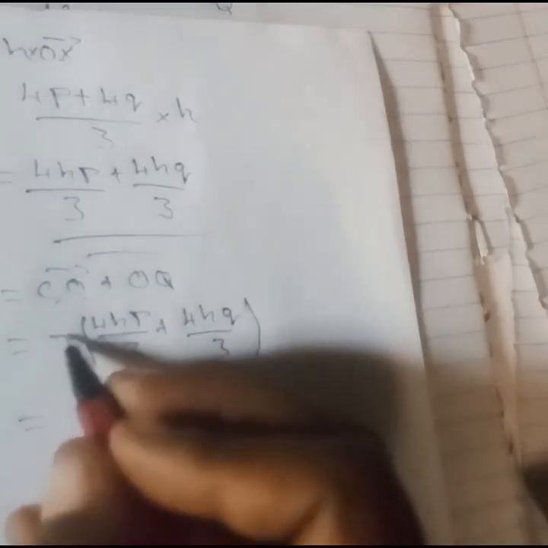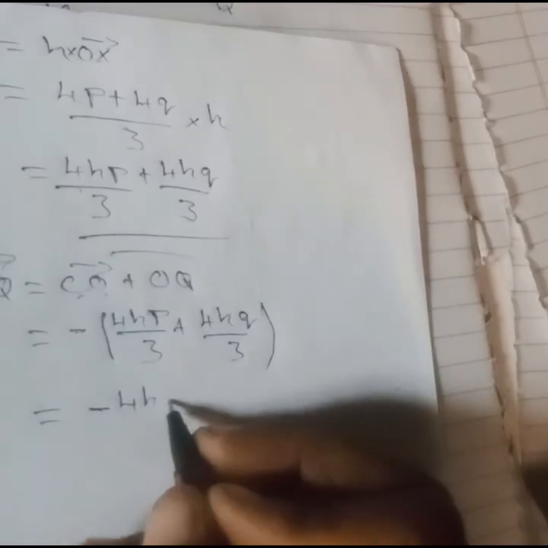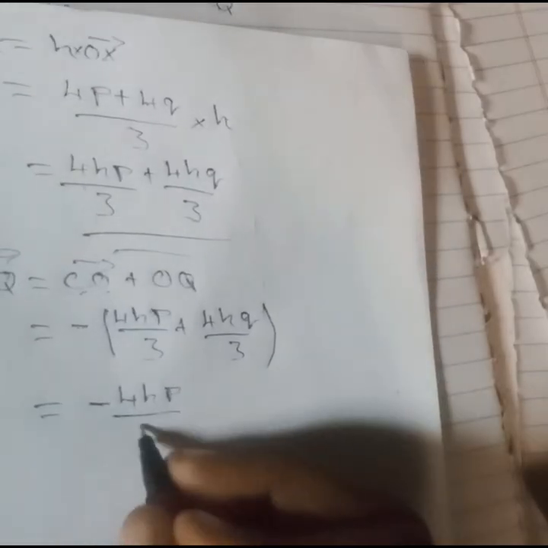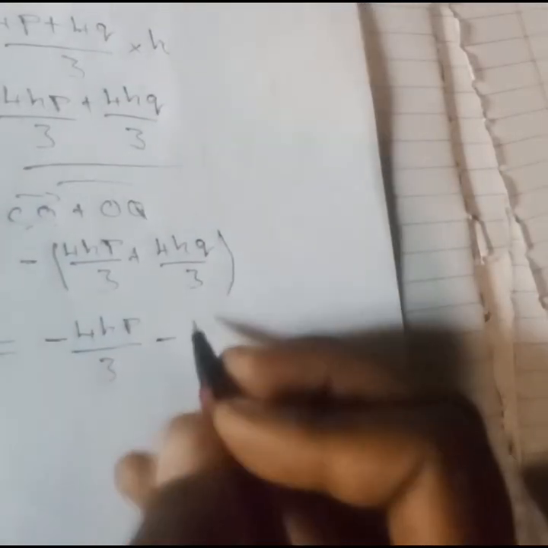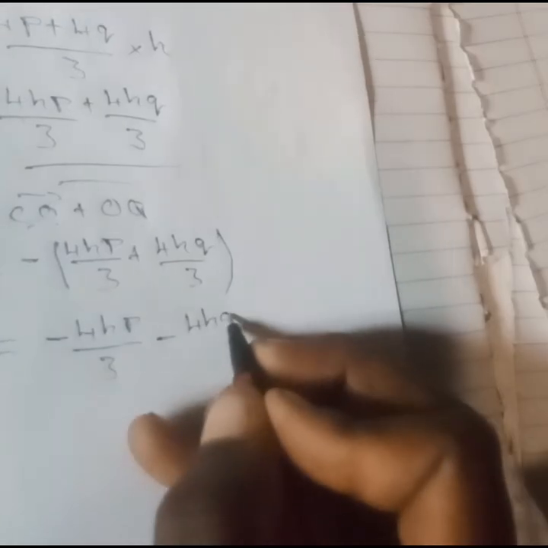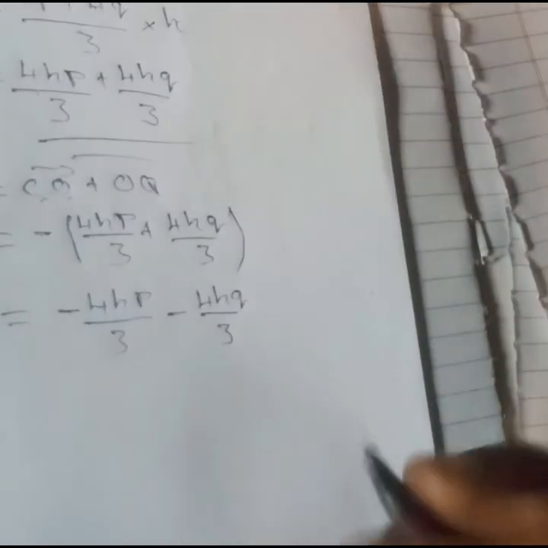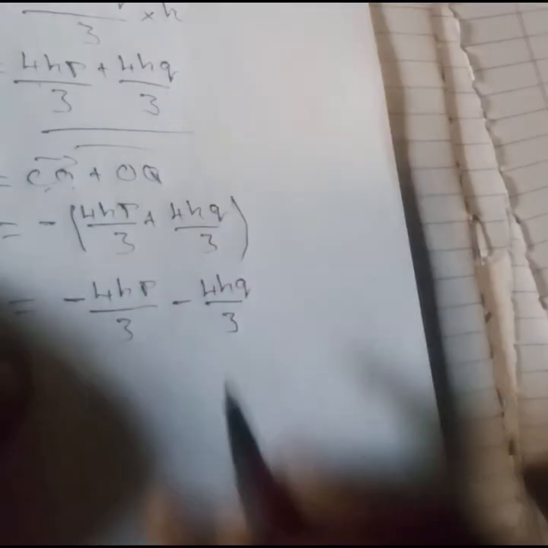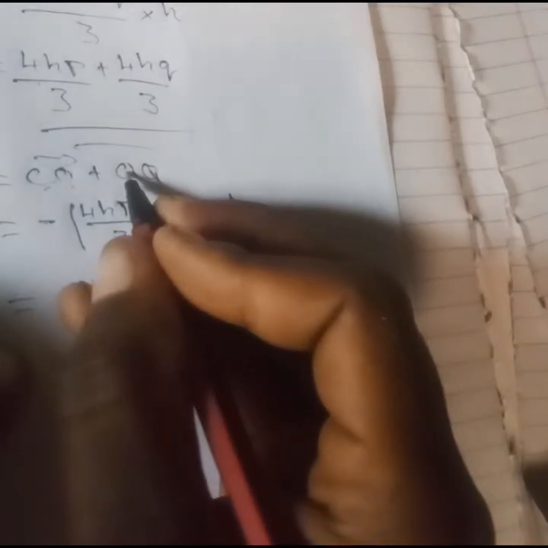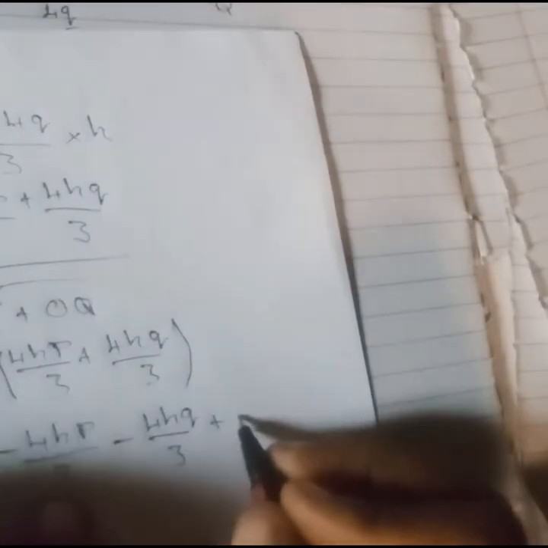Negative times this, negative 4HP over 3. Then negative times positive is a negative 4HQ over 3. So we have just found the CO. Then plus, what is OQ? So OQ is 4Q.